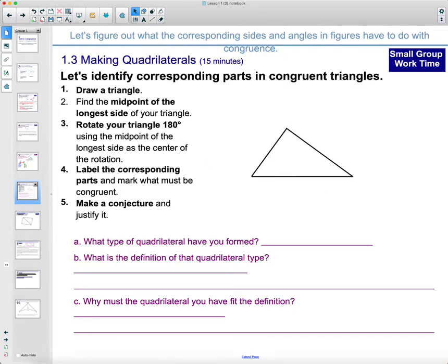Then it says find the midpoint of the longest side. However you're doing that, with a ruler, folding your paper in half, or getting some tracing paper, find the midpoint of that side. Remember, if you're folding, just fold this vertex onto this one so that you fold the segment in half, and then you can identify where that midpoint is. Then it says rotate your triangle 180 degrees using the midpoint of the longest side.